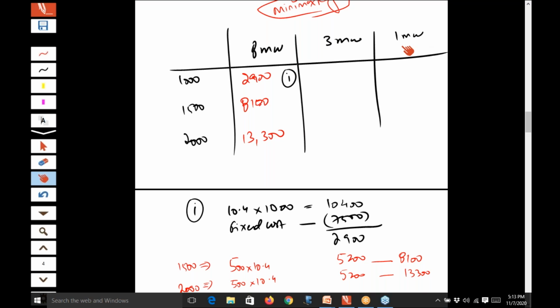Yeah, can somebody please get back to me with the values? Nina Paradise, okay, thank you. Just one more answer, please. Can somebody else give me the answers for 3 megawatt and 1 megawatt?